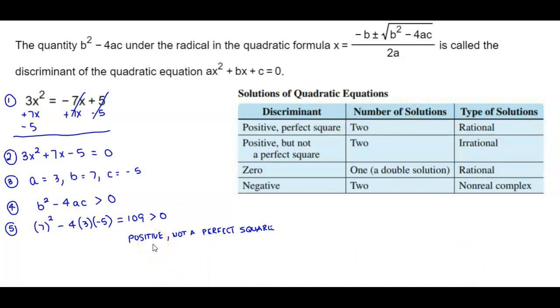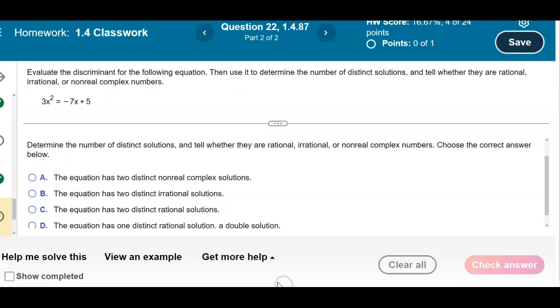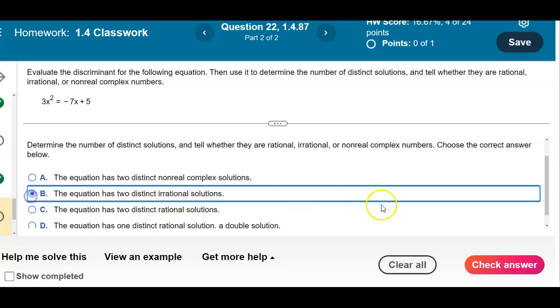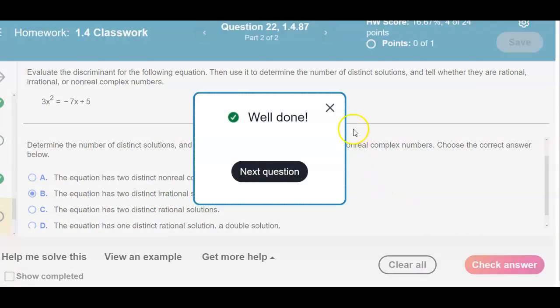Because the discriminant is positive but not a perfect square, we're going to have 2 solutions and they are irrational. So let's put that in here. There's going to be 2 distinct solutions and they're irrational. So it's going to be B, and then there is our result.